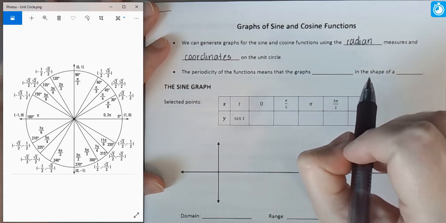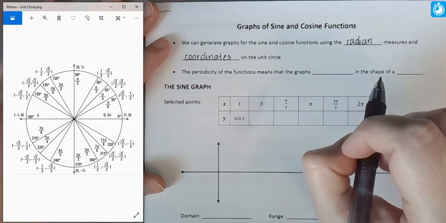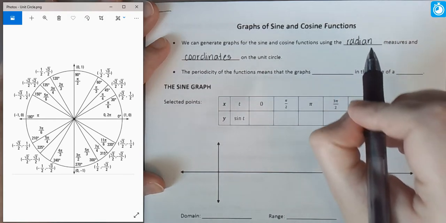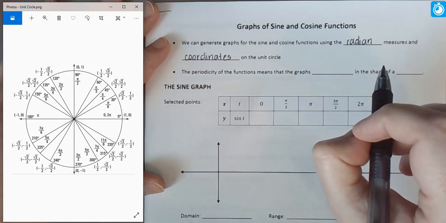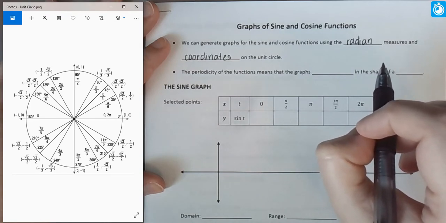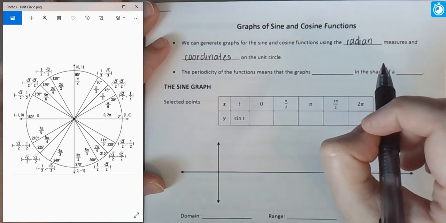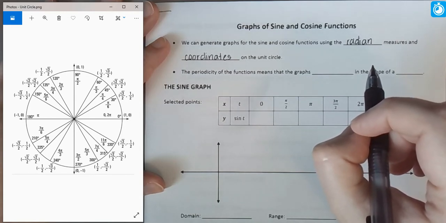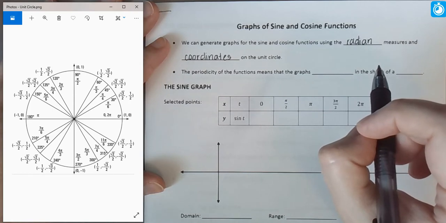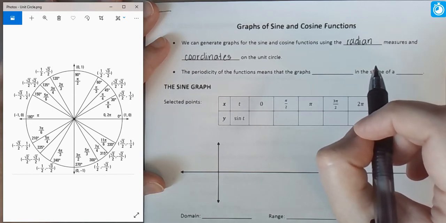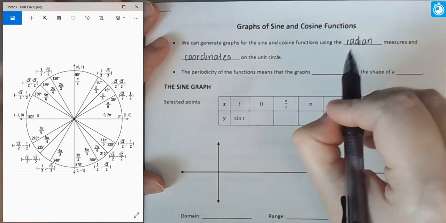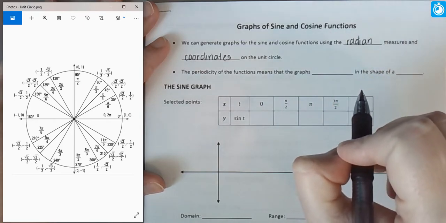Think of those as representing the rotation around the unit circle, but also we like radians rather than degrees when we talk about rotation because radians allow us to relate rotation and length. If we were to think of wrapping a number line around the unit circle, then the radian measure that tells us how far we've rotated around the unit circle can also be used to represent a distance along that number line. So radian measures around the unit circle are going to represent our functional inputs.